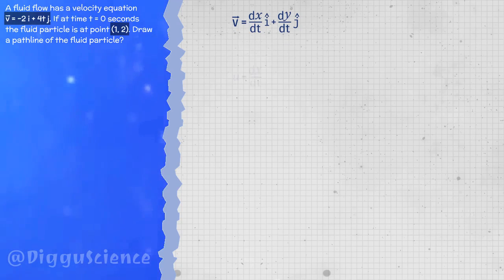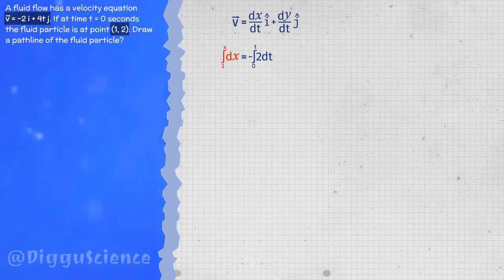We start from the abscissa value, u is equal to dx/dt. From the problem sheet, the value of u is -2. This is an easy calculation. Write our equation like this. Then integrate both sides, from the initial condition to a certain condition. Initially the particle is at point 1.